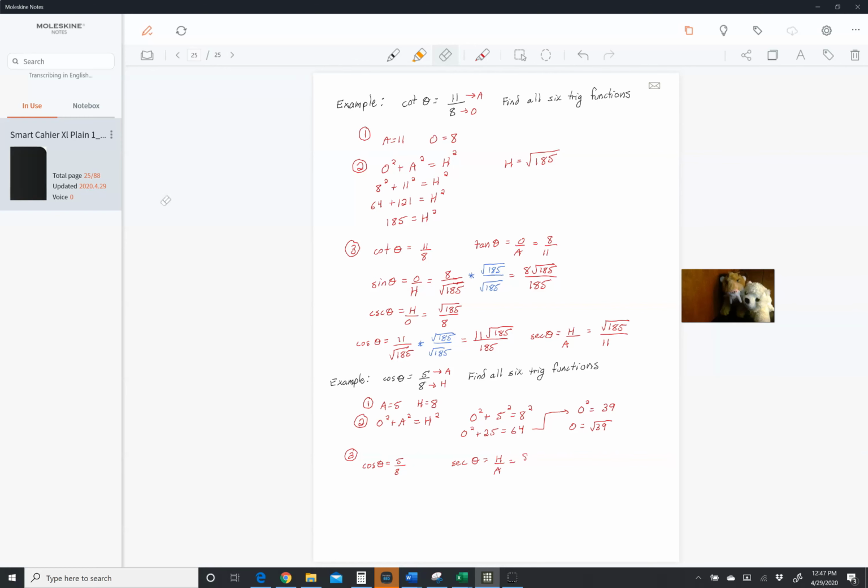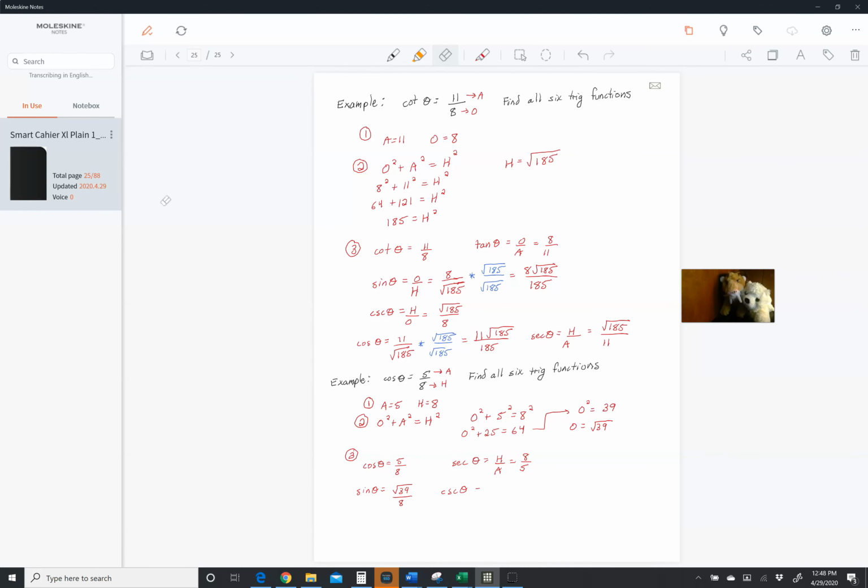So you can automatically say it's just 8 over 5. Sine of theta we could do next. So sine is O over h. So this is going to be the square root of 39 over our h, which is 8. Can't simplify.